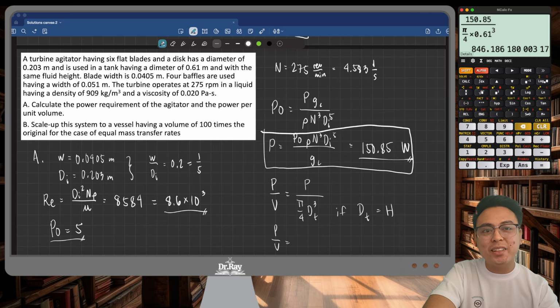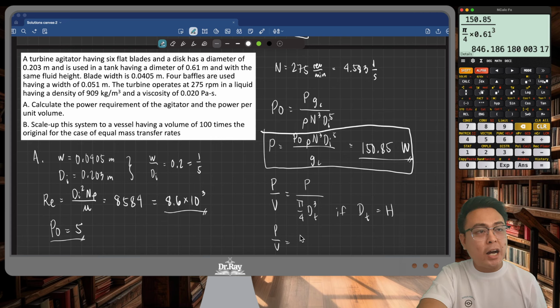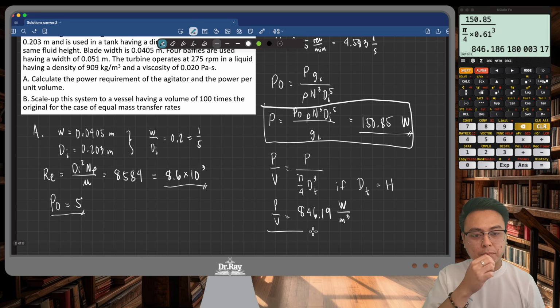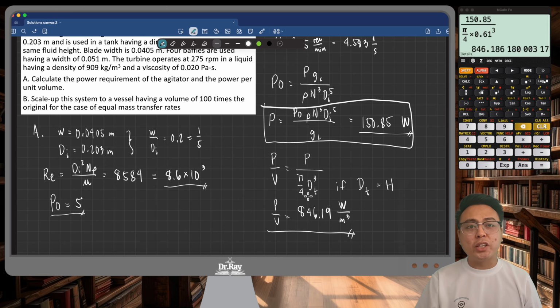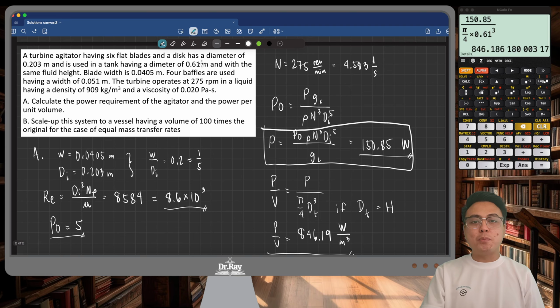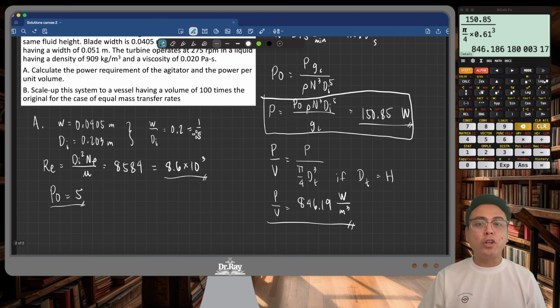Okay, it's tank diameter, not impeller diameter. I'm getting 846.19. The unit of this one is watts per cubic meter, because what I use for the tank diameter is also in meters, 0.61 meters. Okay, we're done with A.